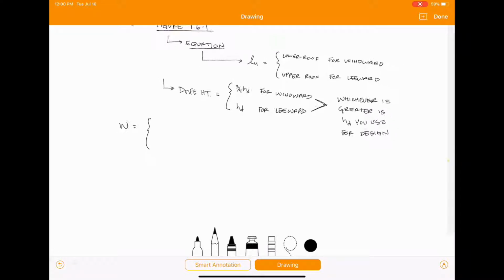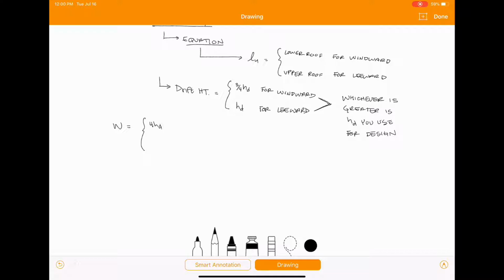So it's going to be 4HD for when HD is less than HC, or it's going to be 4HD squared over HC for when HD is greater than HC. Now, for both of those, your width is never going to be greater than 8HC.